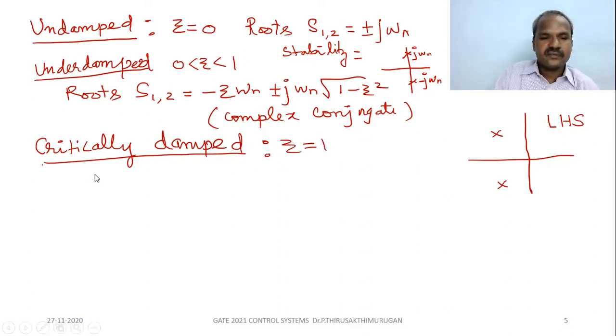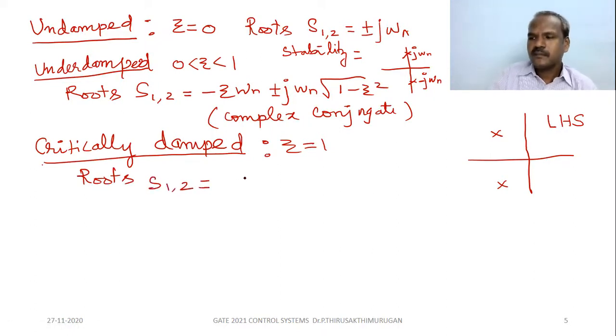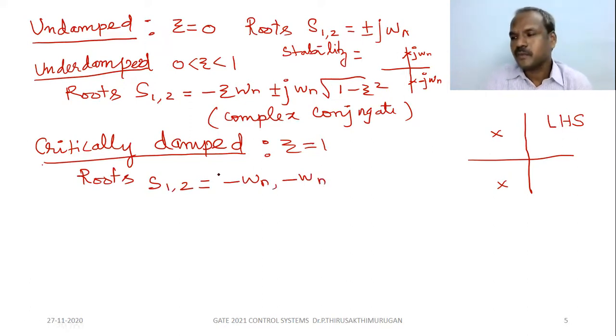What is the condition of the roots? The roots of the critically damped system, S1 and S2, are minus omega n and minus omega n.